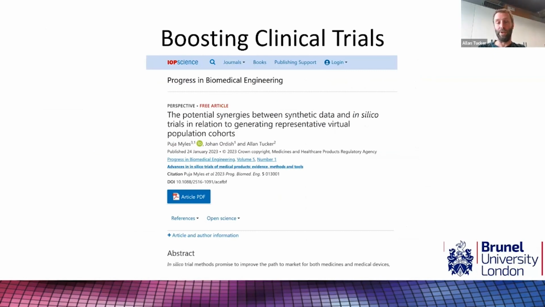But also we can use synthetic data to build a representative control arm from an entire population, rather than these more small control clinical trials we've seen before. So this is now a new project that we're starting in October to try to explore the impact of synthetic data and boosting on clinical trial data.